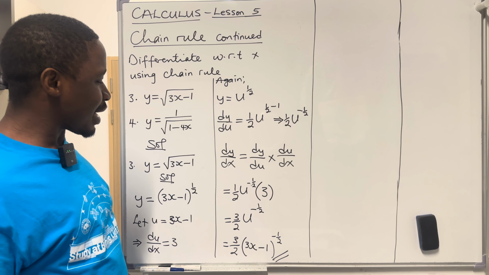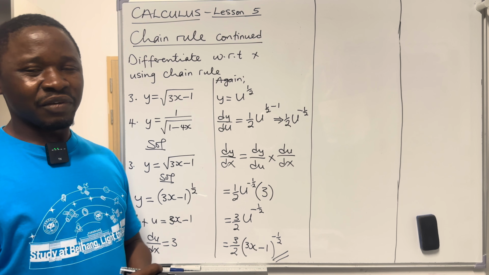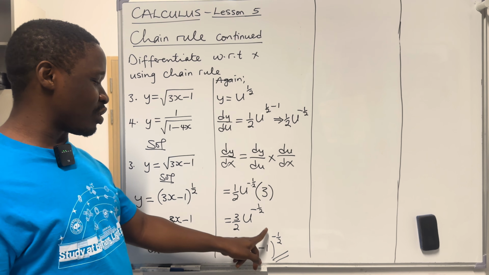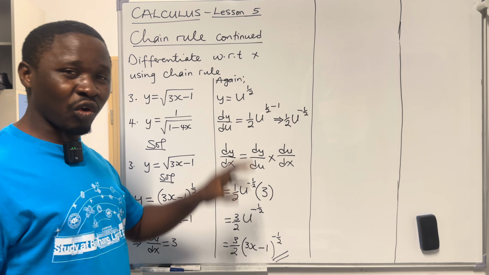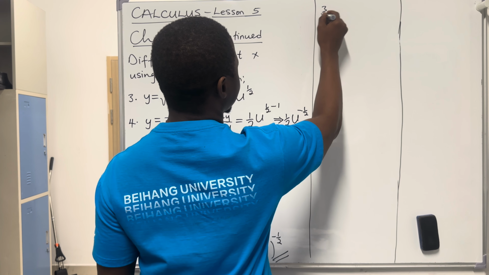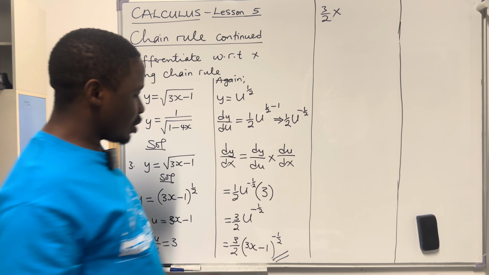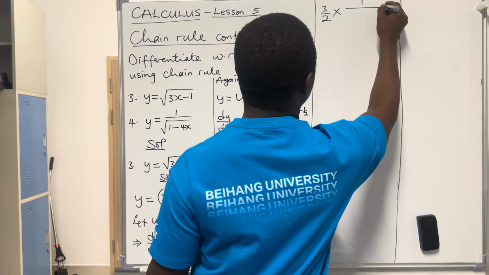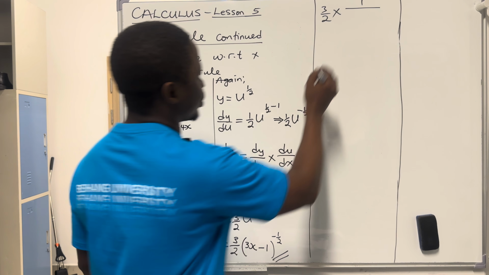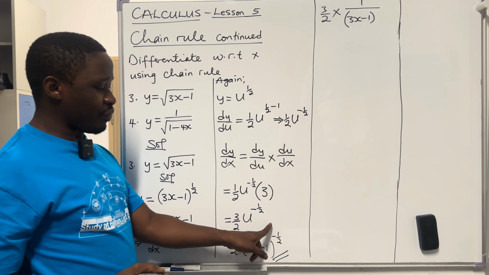But in a case wherein the question says differentiate leaving positive powers of x, we don't need the negative. So let this one come down. What do we say? We say 3 over 2 multiplied by, because we want to bring this one down, 1 over 3x minus 1 to the power of half.